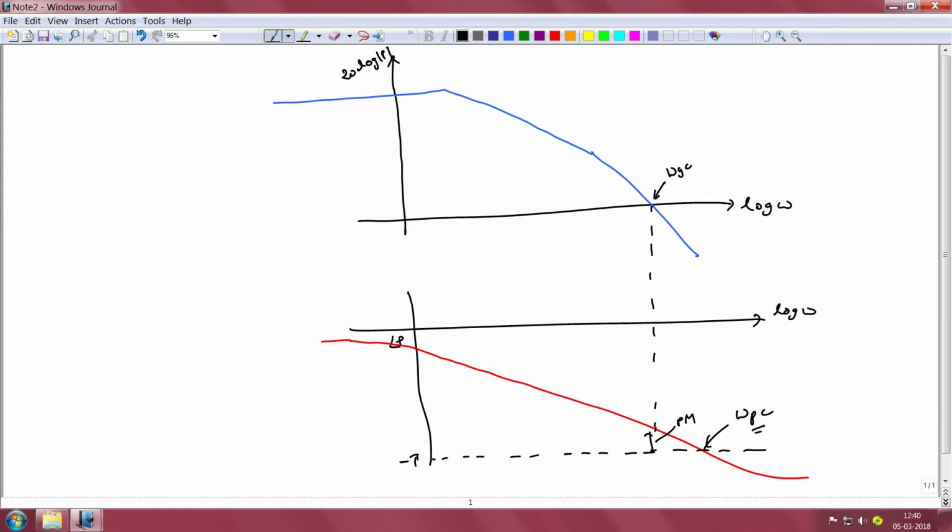Thus we would like to have a certain minimum phase margin to ensure that our closed loop system always meets this particular damping requirement, and I shall call that minimum phase margin as phi naught.